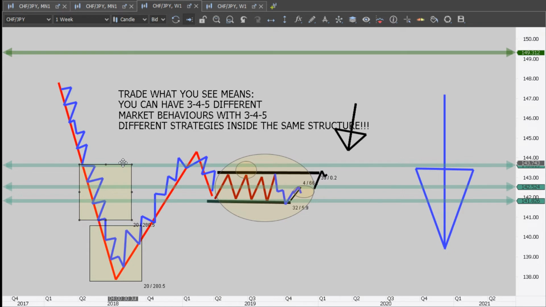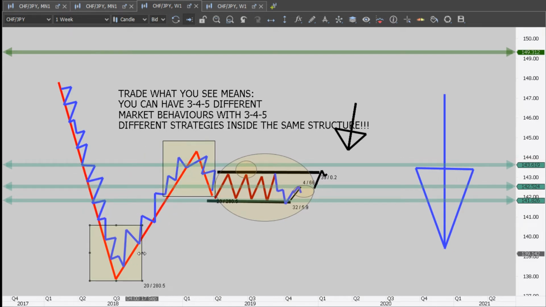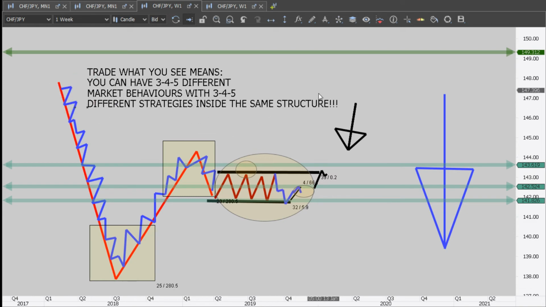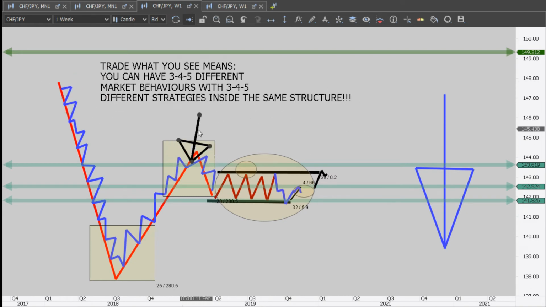You have the same structure, but you can have the uptrend and the downtrend when the extension is over, and the uptrend and the downtrend when the retracement is over. Those are different strategies here, everybody.